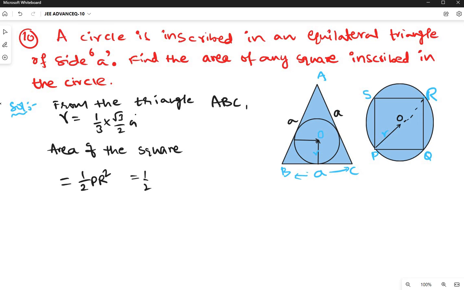So R square is nothing but the radius, which we called OP square. PR square is equal to 2 times OP square.